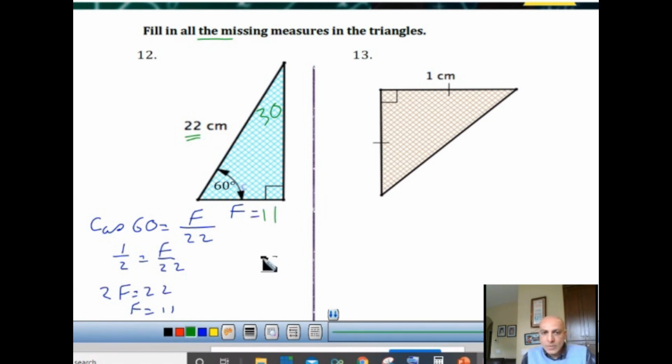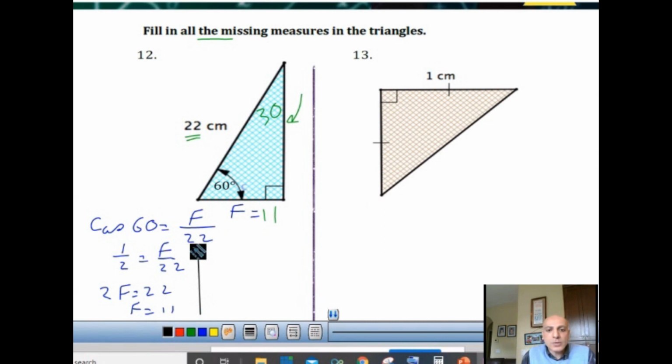Okay, this side is 11. If this side is 11, then how do you get this side here? You could use sine of 60. You also could use cosine 30, by the way. Both are fine.